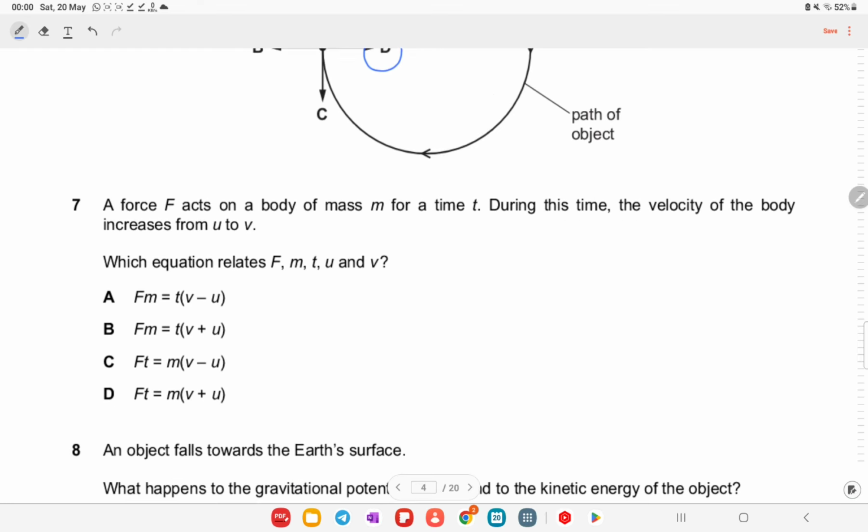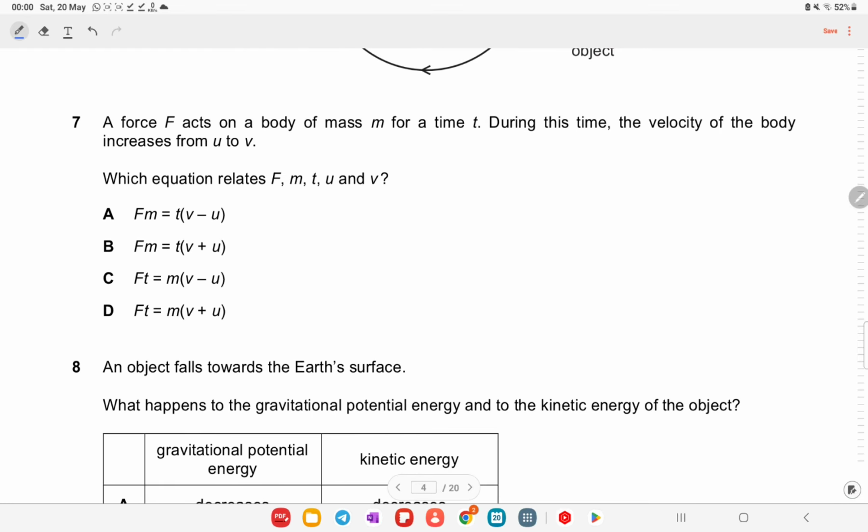And moving to the next question, a force F acts on a body of mass m for a time t. During this time, the velocity of the body increases from u to v. So u is the initial velocity and v is the final velocity. Which equation relates force, mass, time, initial velocity and final velocity? So you have to recall the formula of impulse, which is F times t equals change in momentum.